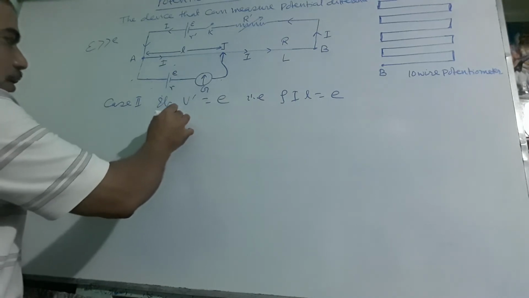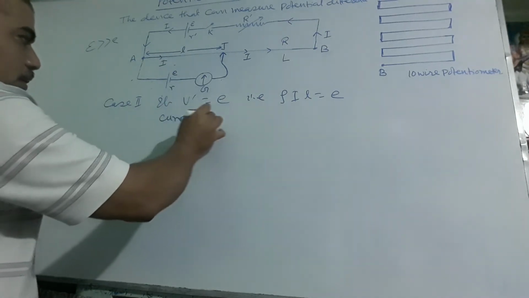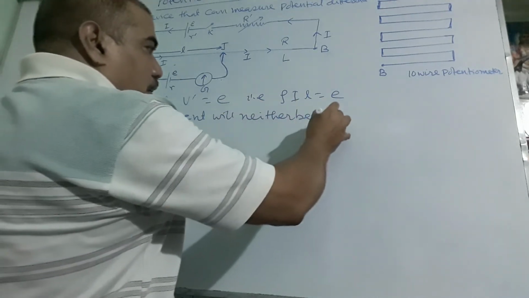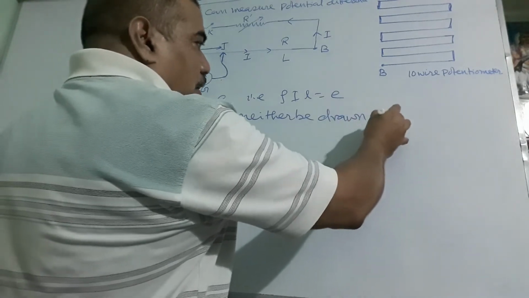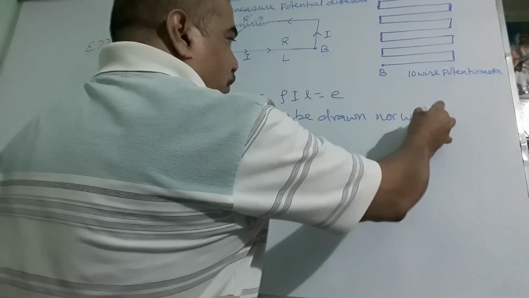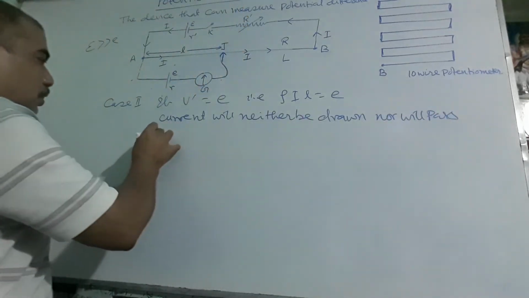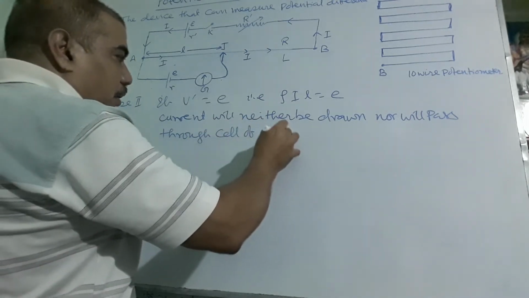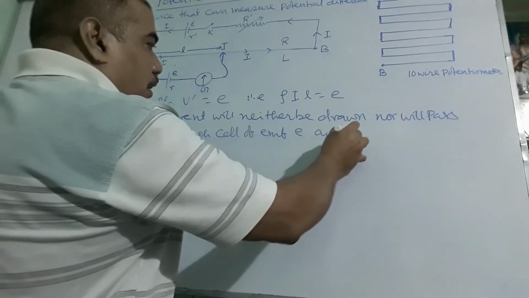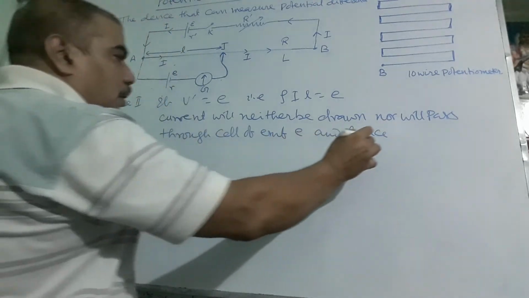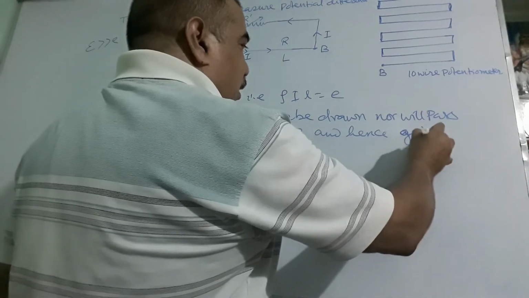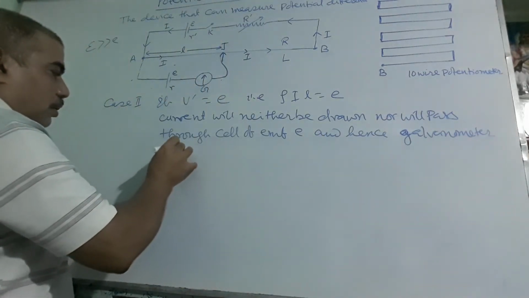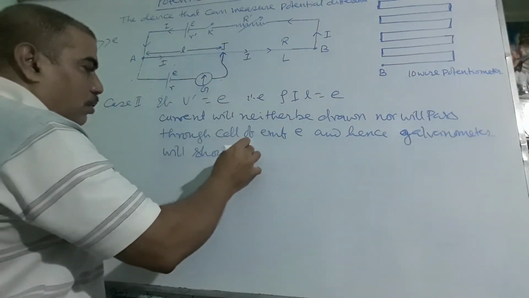So current will neither be drawn nor pass through the cell of EMF E, and hence the galvanometer will show no deflection.